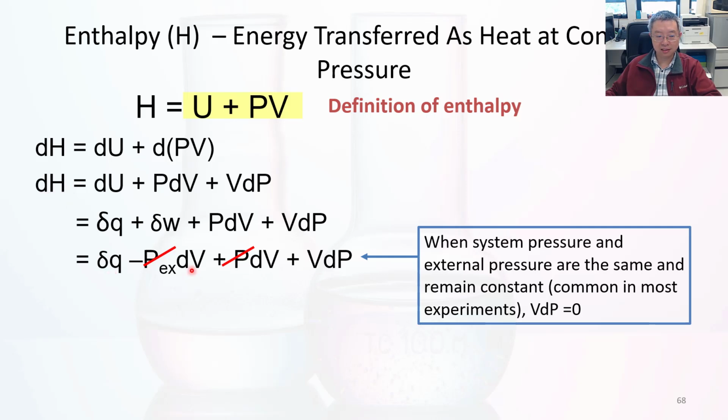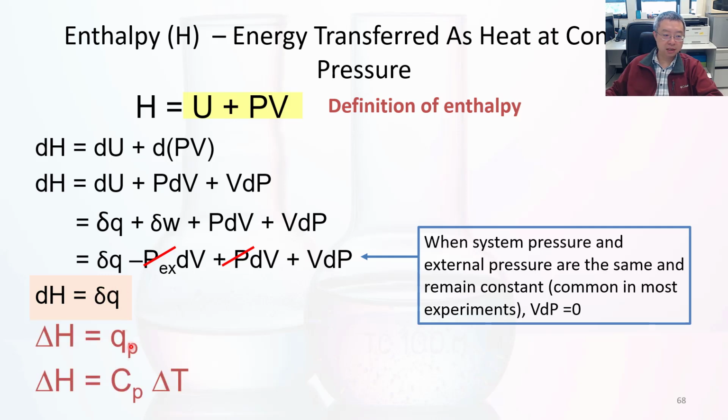Again, this is at the condition when the system pressure equals the external pressure, so we have a constant external pressure. So dH is equal to delta Q_P, the constant pressure one.